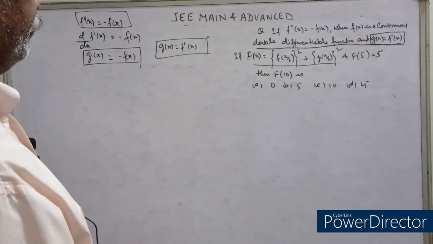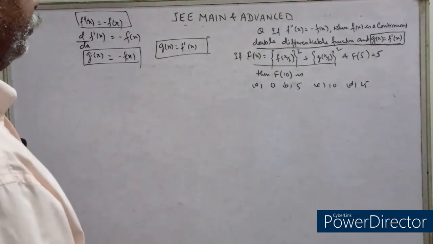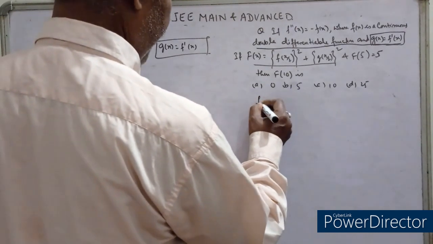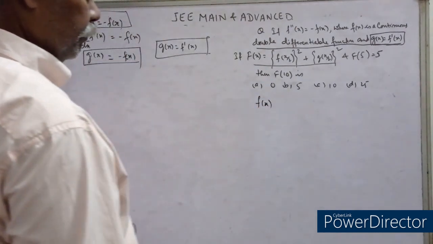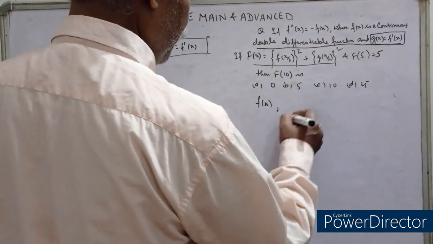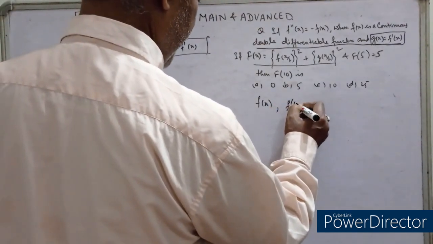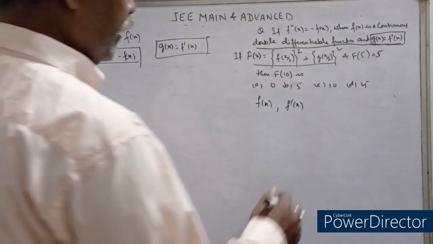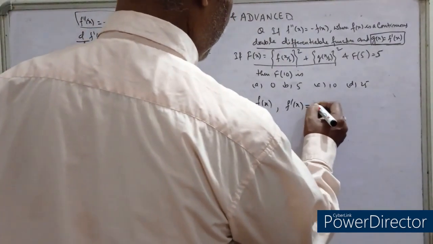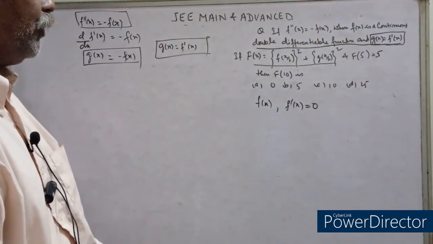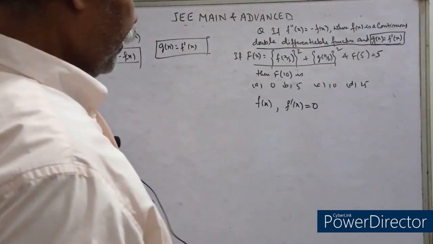So here one thing is that your f x, you know that f x, and what do we do again? Then we find this f dash x, that is we differentiate it, and to find the critical points we do this is equal to 0. To find the critical points, that means we are finding the value of x.